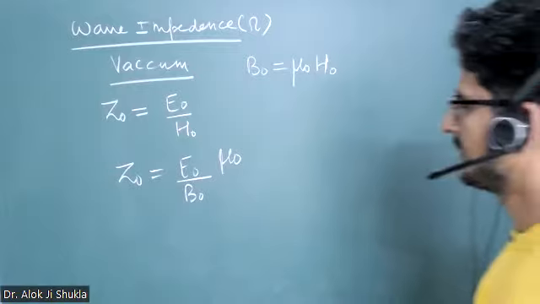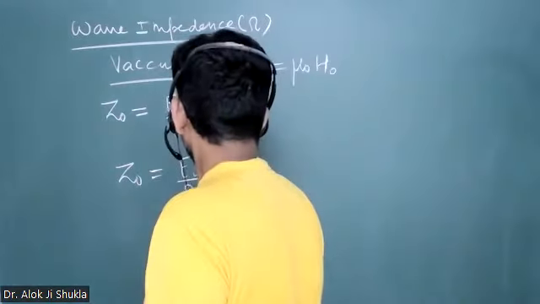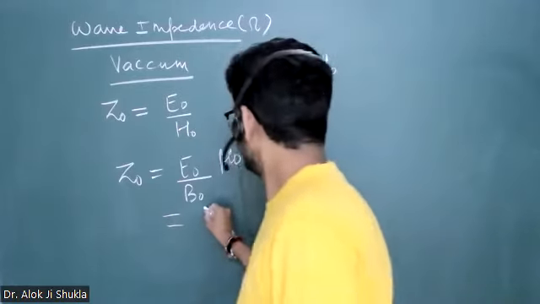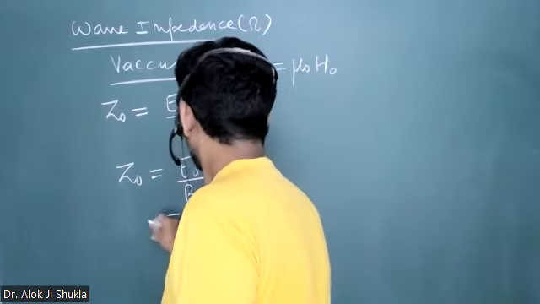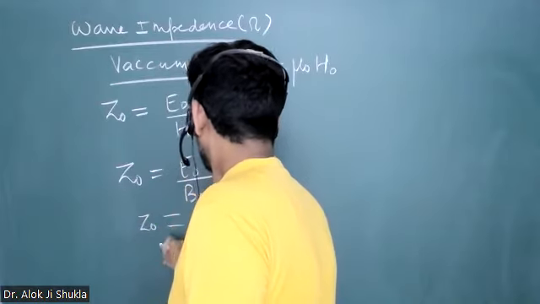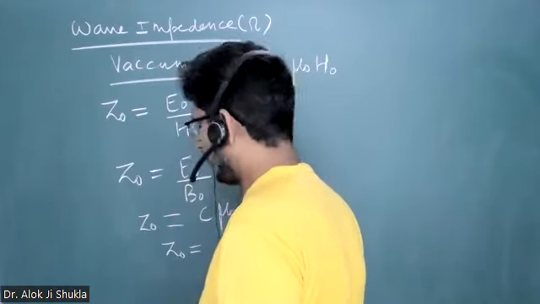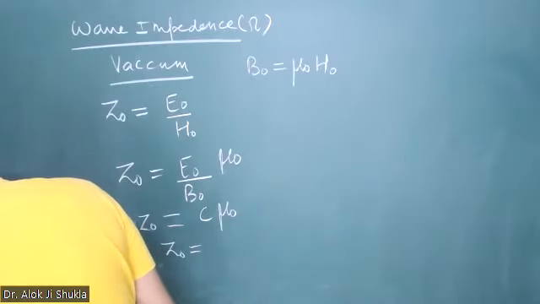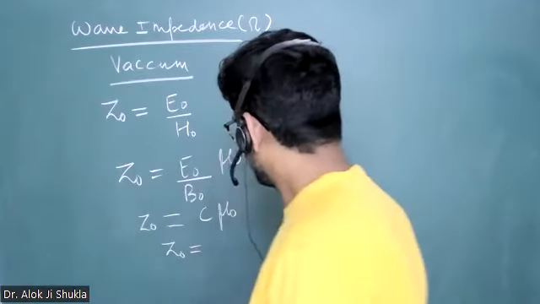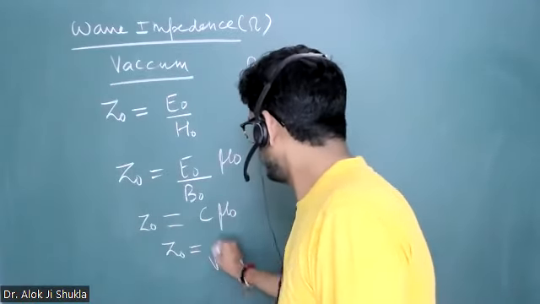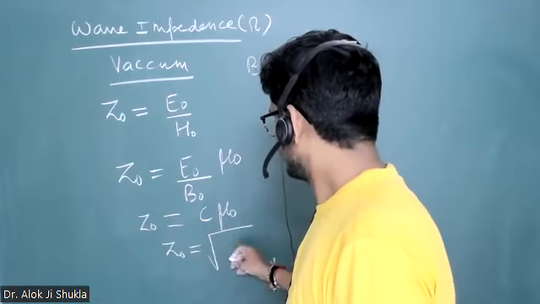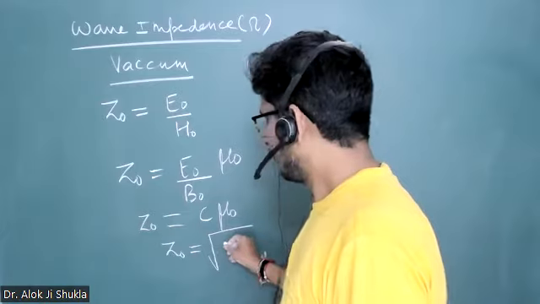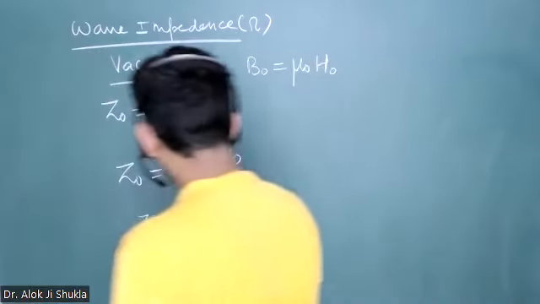Okay. So this will become E naught by B naught क्या होगा? C. C, sir. So C mu naught, and this C mu naught is equal to 1 over, 1 upon mu naught by epsilon naught.